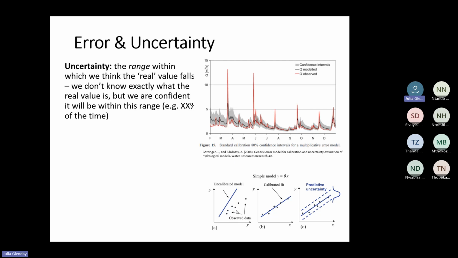These graphs along the bottom show plotting modeled versus observed data on a scatter plot, and just showing how calibration will improve the fit, but it's still not going to be perfect, and you have this range of error between the observed and the modeled that can also be used to describe your uncertainty in the modeled output.